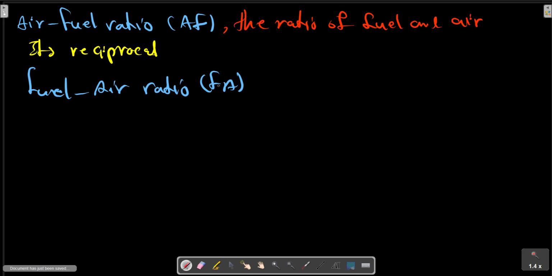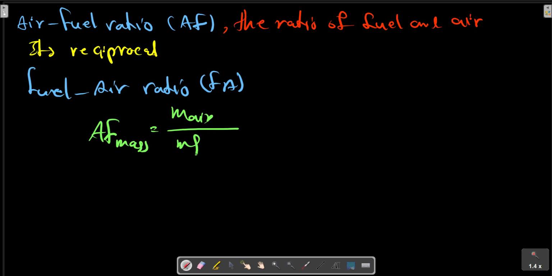The air-fuel mass ratio equals M air on M fuel, and also for the mole basis, the air-fuel mole ratio is N air on N fuel.